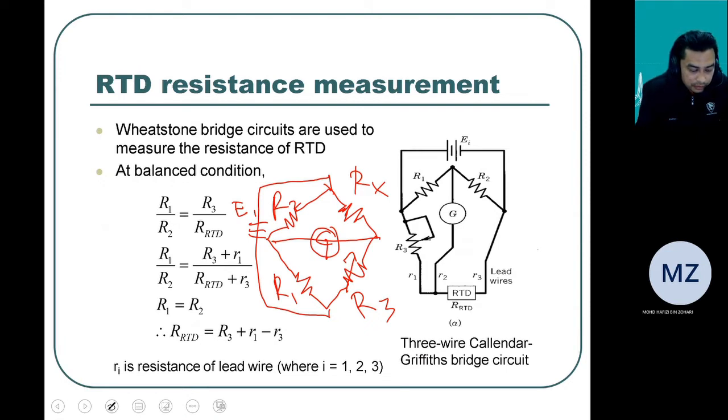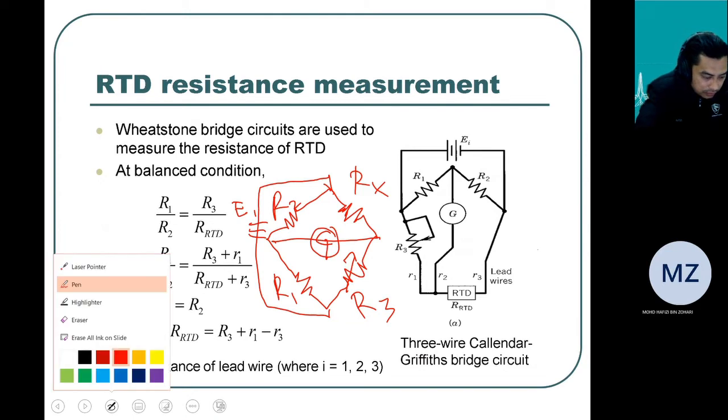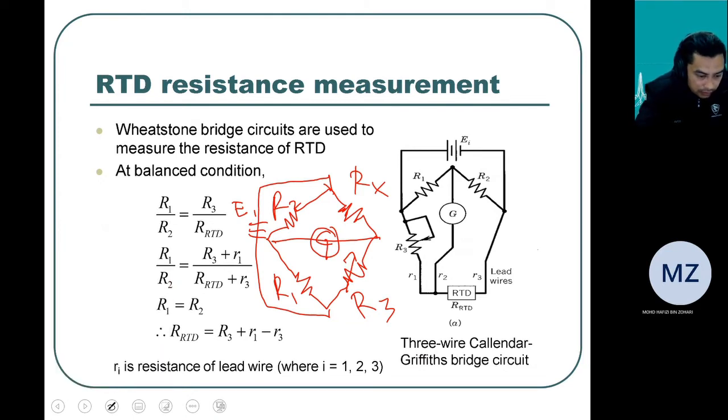actually the ratio between R2 here and R1, the ratio between these two, it must be equal to the ratio of this one and this one.